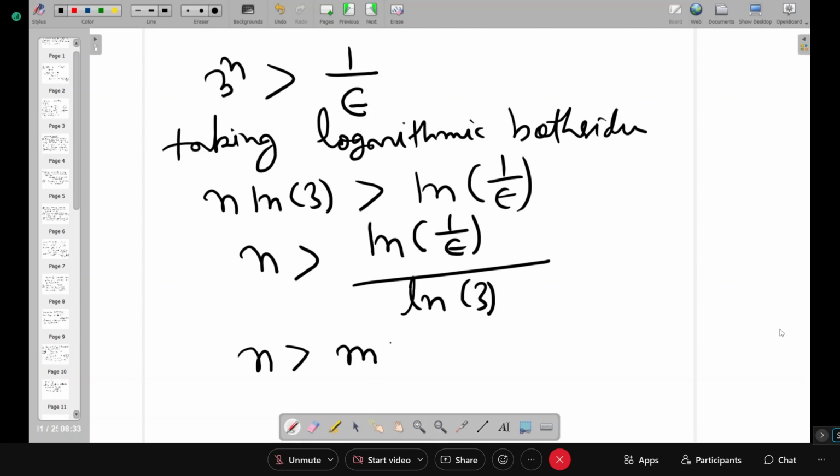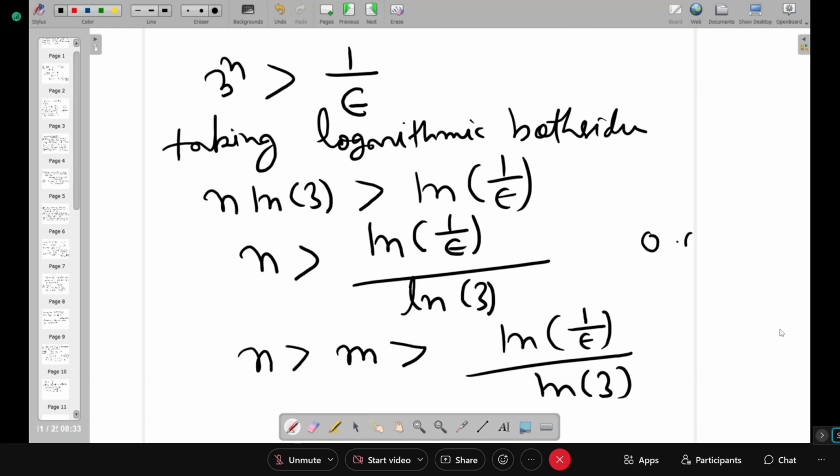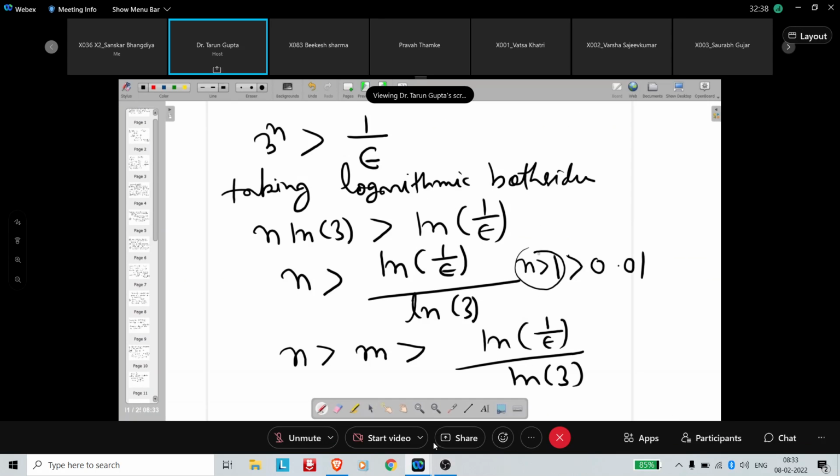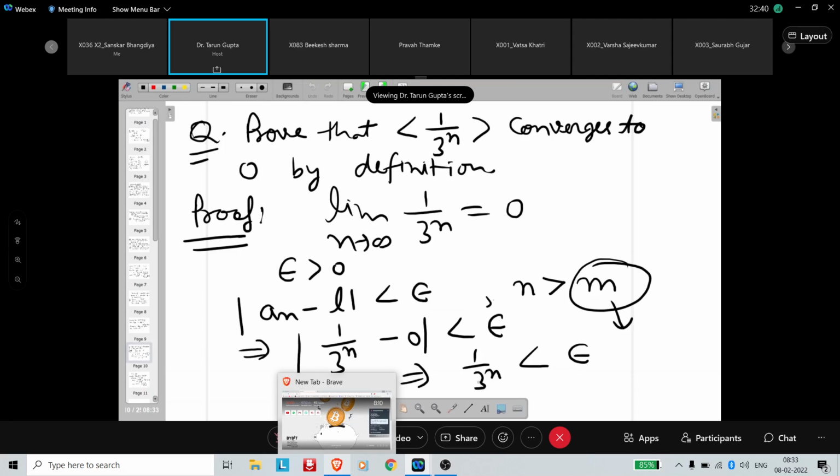Okay, which lies between n and m. If you calculate this value, suppose this value is coming 0.01. Then you can write m is 1, so n is greater than 1. This value always lies in that interval.